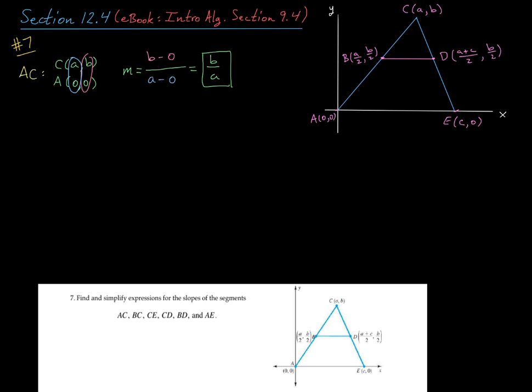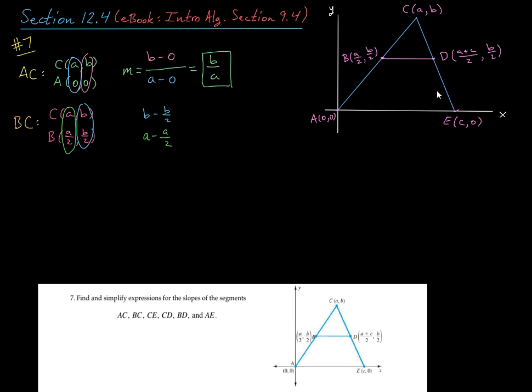Great. How about the segment BC next? We can do a similar thing. If I start at B and end at C, I'll write down the coordinates of C and the coordinates of B. Then I take the difference in the y coordinates, so that's b minus b over 2, and the difference in the x coordinates would be a minus a over 2.